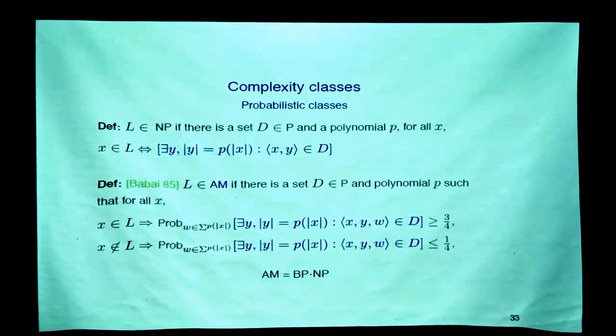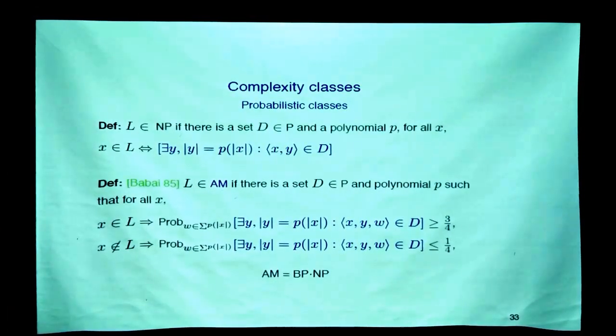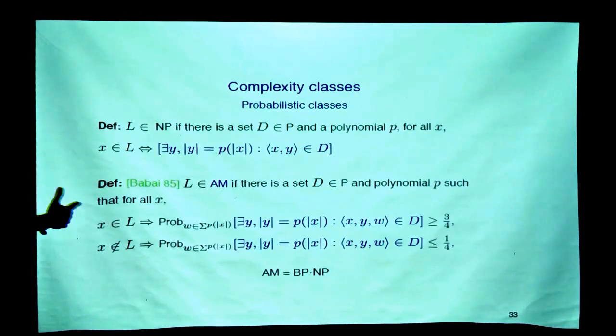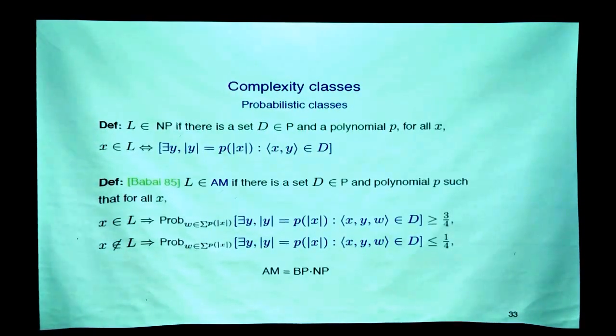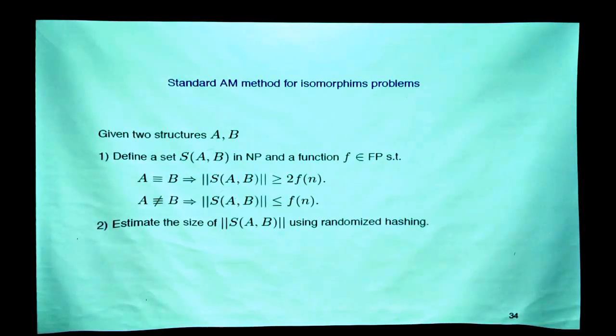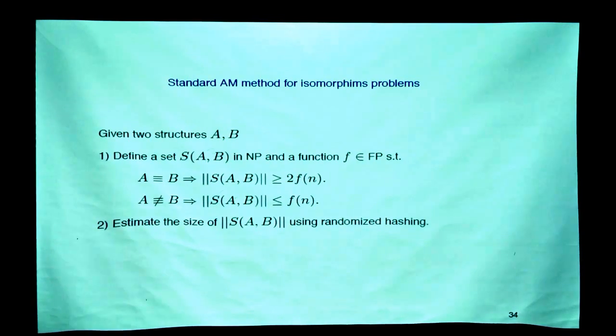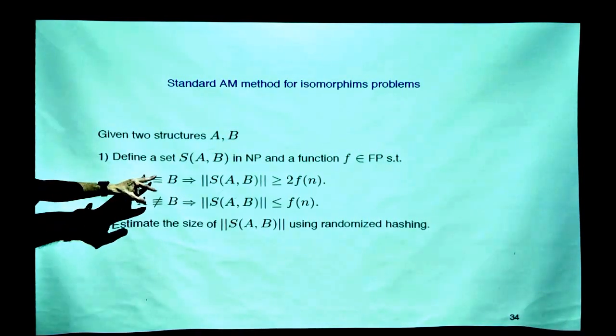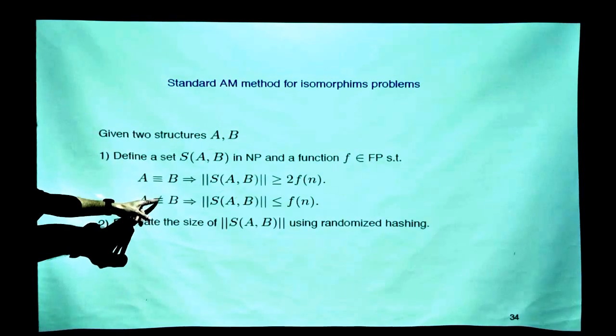So in the same way as RP or BPP is a randomized version of P, this is a randomized version of NP. And the standard method for showing that the isomorphism problem is in this class AM is the following.